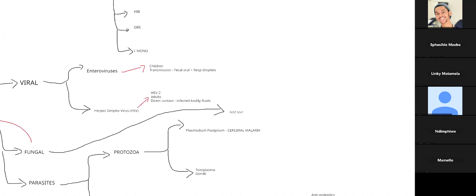Treatment for that would be surgical debridement as well as amphotericin B.